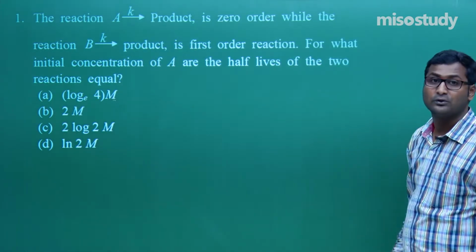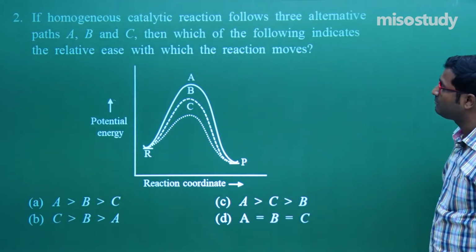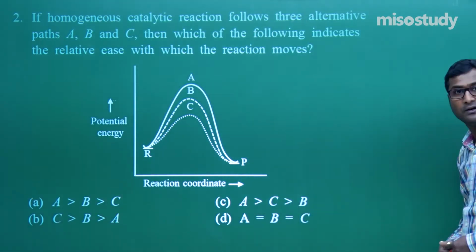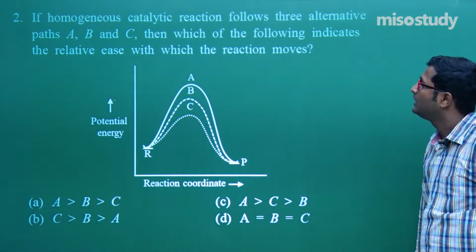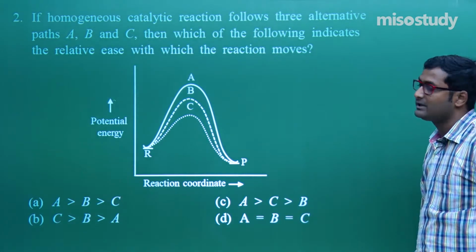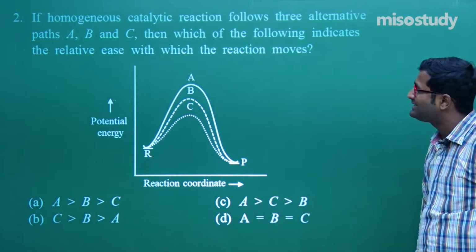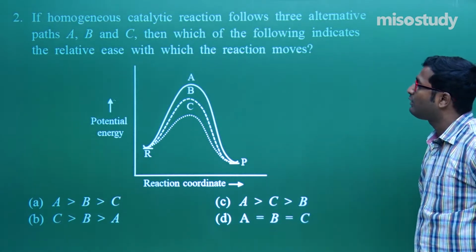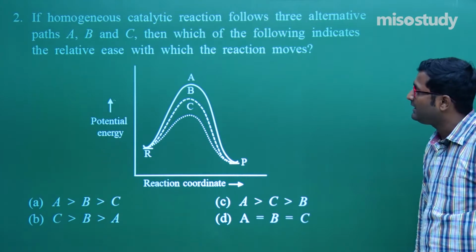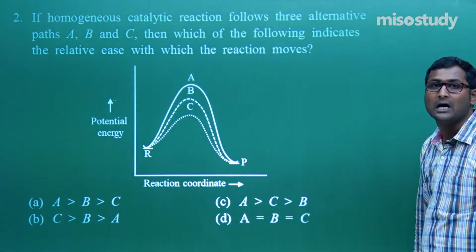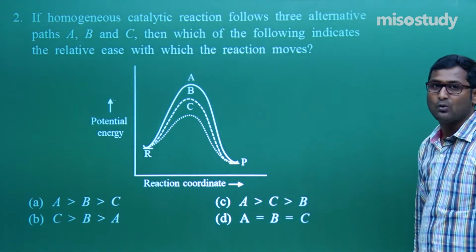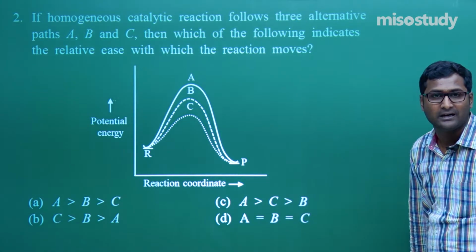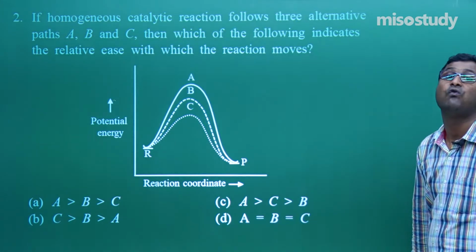Now let's move to the next question, that is question number 2. Read the question carefully, what is given here. If a homogeneous catalytic reaction follows three alternative paths A, B and C, then which of the following indicates the relative ease with which the reaction occurs? As we know, if there is less requirement of activation energy, the reaction will move faster.